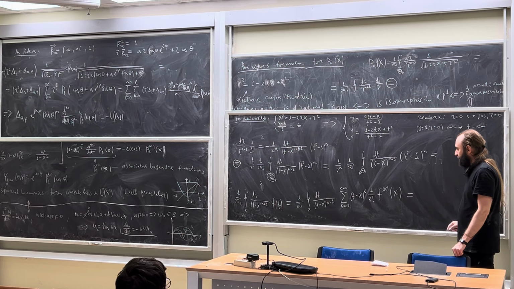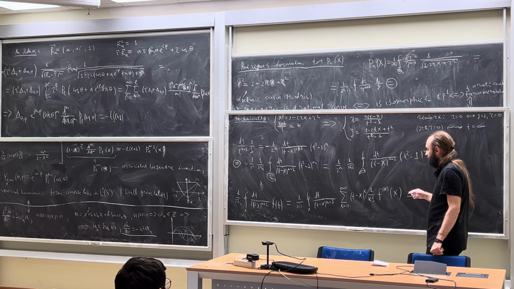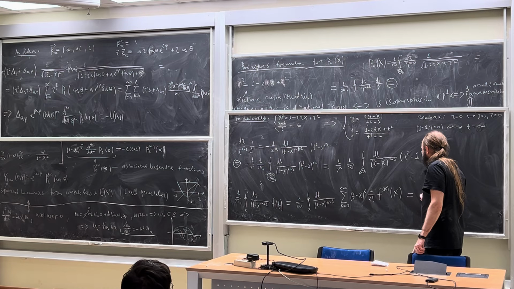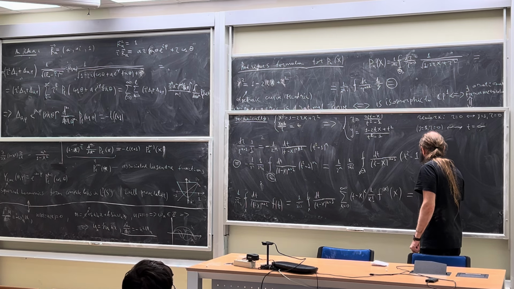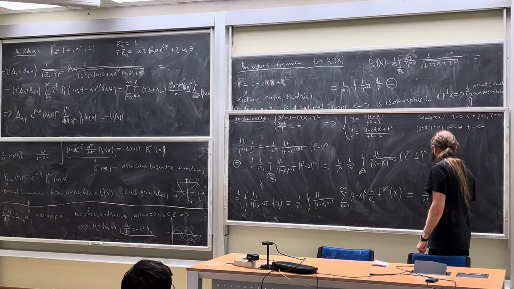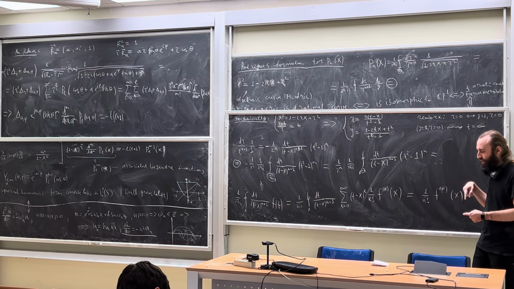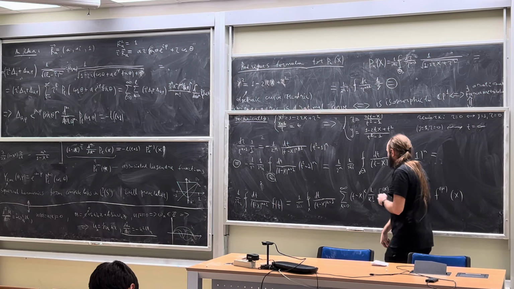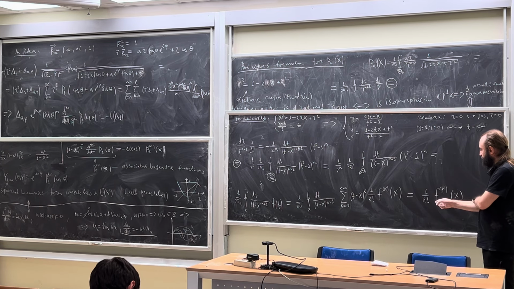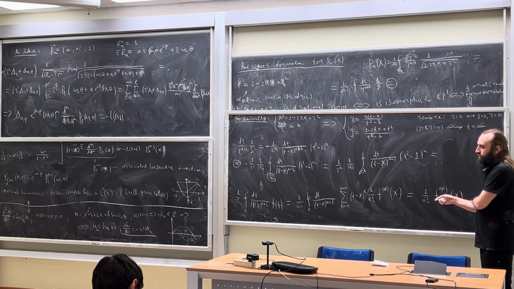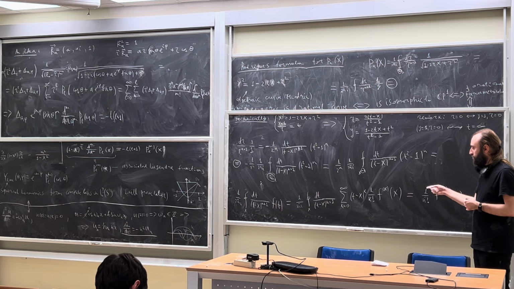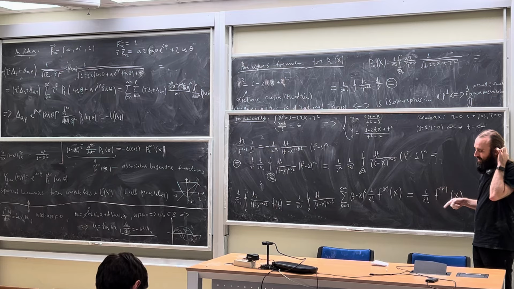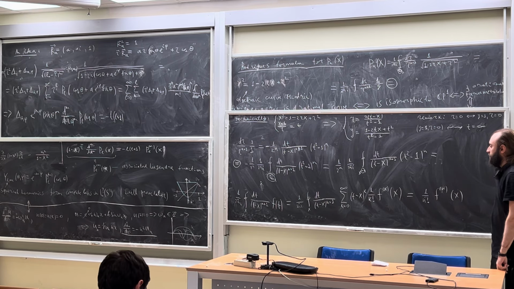The term with k equal to n. So it gives 1 over n factorial times f n of x. It substitutes t equals x and also takes the corresponding derivative and divides by n factorial. Of course I never remember such kinds of formulas. I'm always expanding it as a Taylor series and then writing the answer.